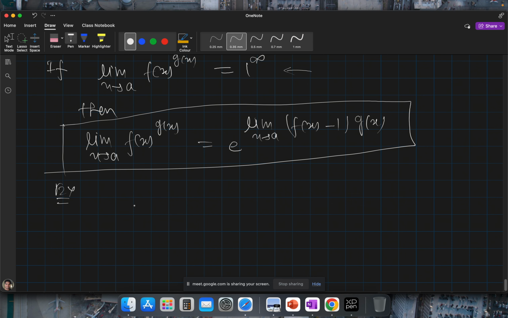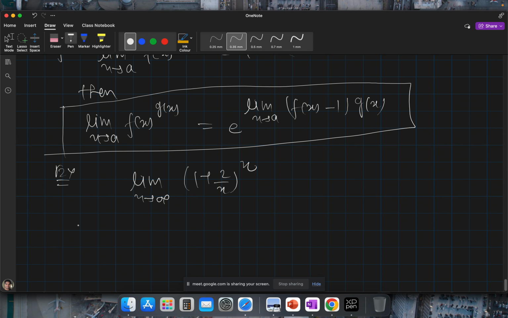Let's take one example. Suppose I have the limit x tends to infinity of (1 plus 2 by x) raised to the power x. Then you can see that when you substitute x as infinity, this term will become 0 and the power will become infinity. So that is nothing but the 1 raised to the power infinity form. So you can use this formula.